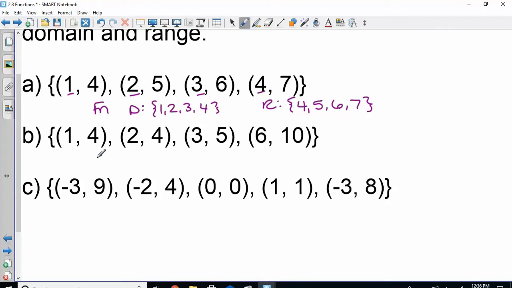B. Function or not? Look at my x's, 1, 2, 3, 6. They don't repeat, so it is a function. The domain would be those x's.